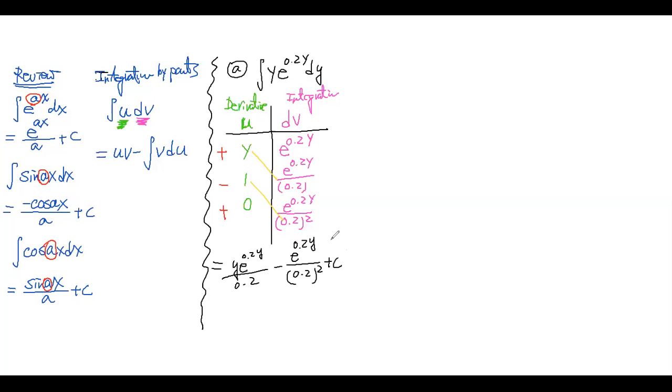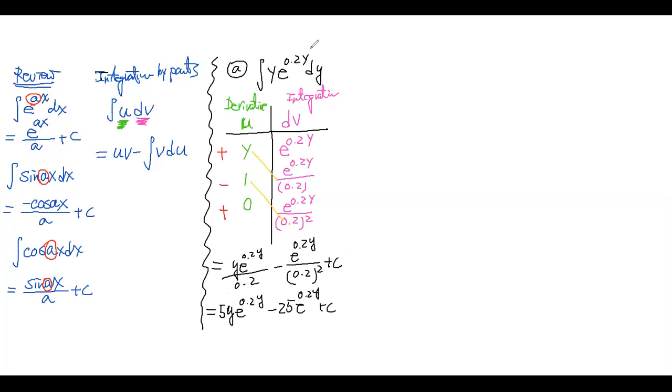Of course, don't forget plus c. If you want to simplify a little bit, this 0.2 in the denominator doesn't look too good, you can change it to integers. So this is 5y e to the 0.2y, then 0.2 squared is 25, so minus 25 e to the 0.2y plus c, right?